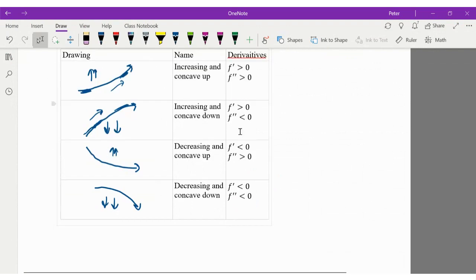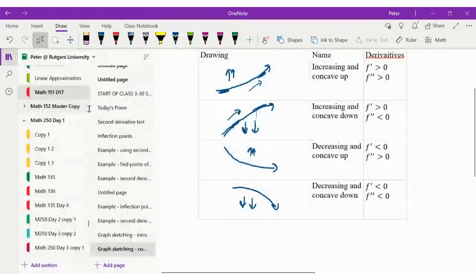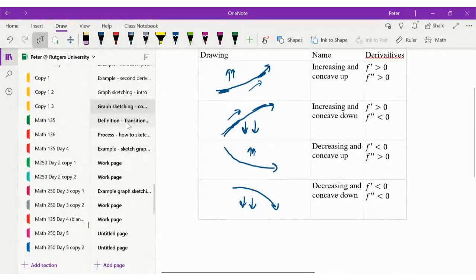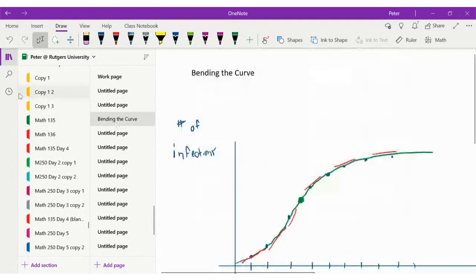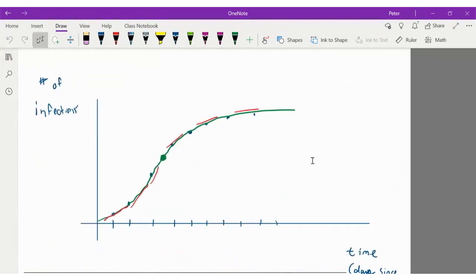In fact, that's really the topic that I thought was sort of timely here. This is where we get to what you've heard about in the news about bending the curve. So here we actually have, I've left the L out intentionally, a number of infections versus time.